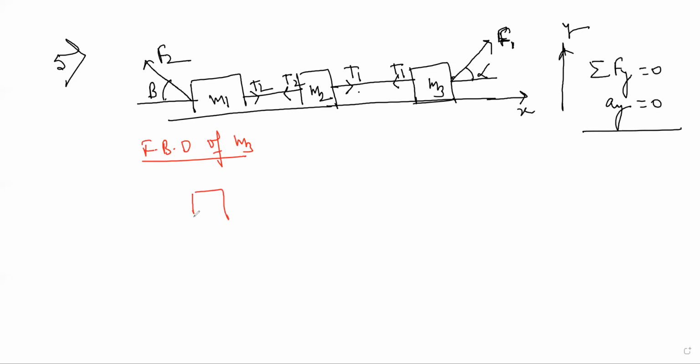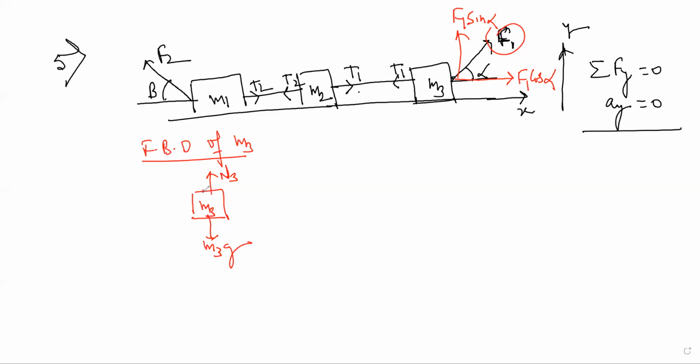So this is M3. Of course, weight will act, and of course, normal reaction will act. And the component of this force along this direction will be F1 cos alpha, and the component of force in the vertical direction will be F1 sin alpha.